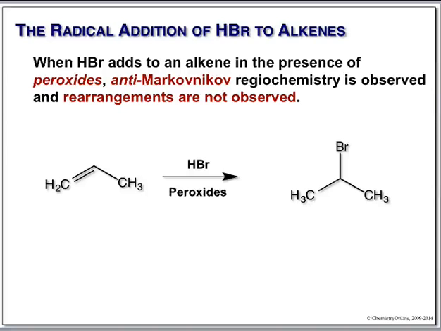However, if we do this reaction in the presence of a peroxide, we get this as our product. This is what we get from the ionic addition. If we simply throw in peroxide, we get this. This is referred to as anti-Markovnikov regiochemistry.